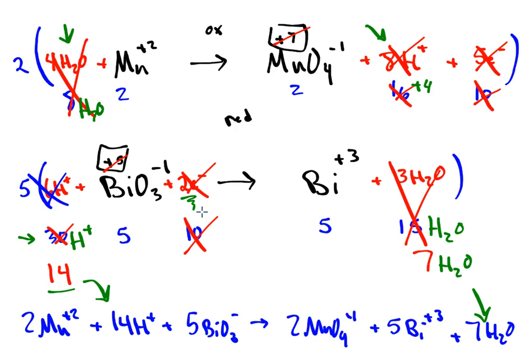But this number doesn't matter in the overall thing, and that's why this can be super confusing. Ignore the blue for right now. To balance this, I first had to balance the oxygen by adding 3 waters.